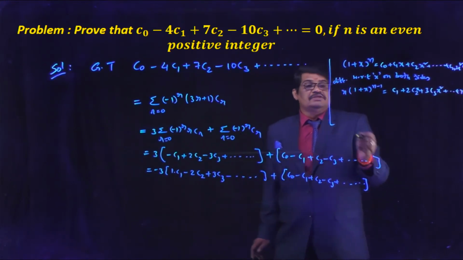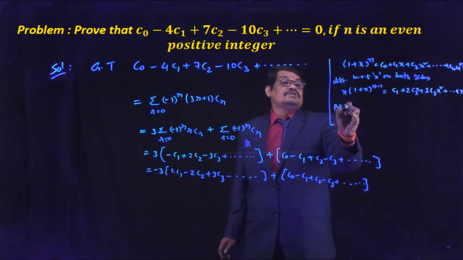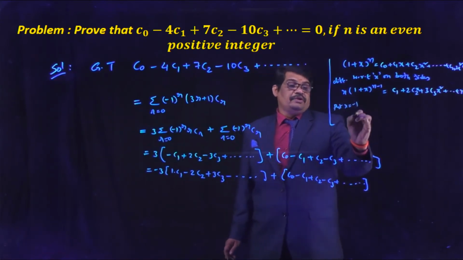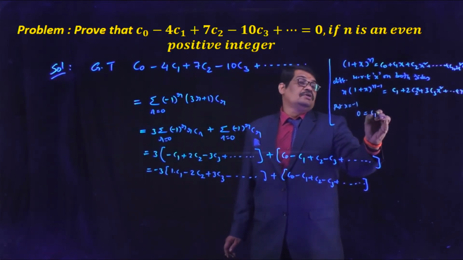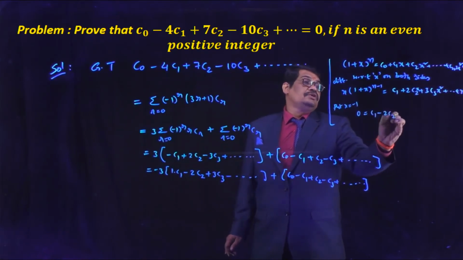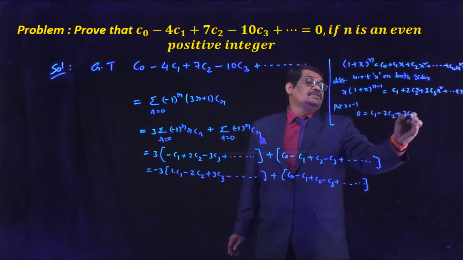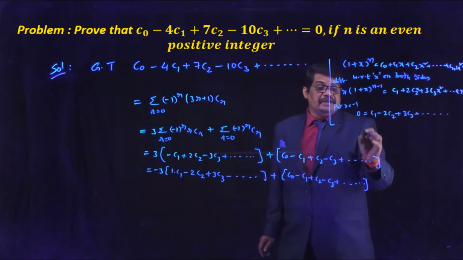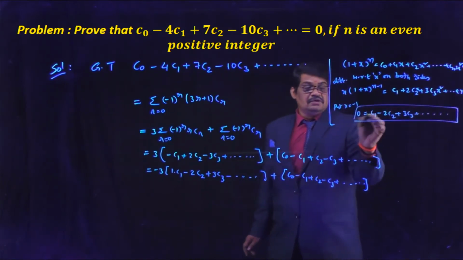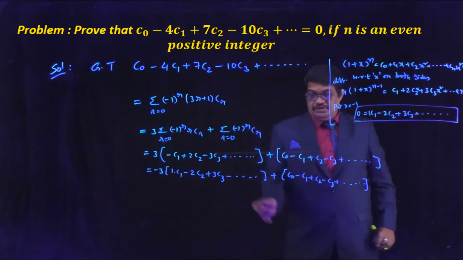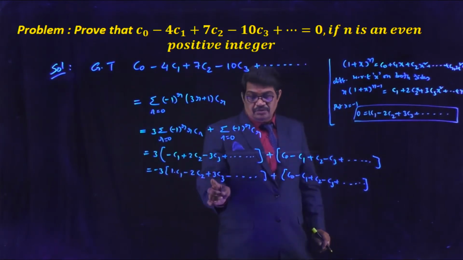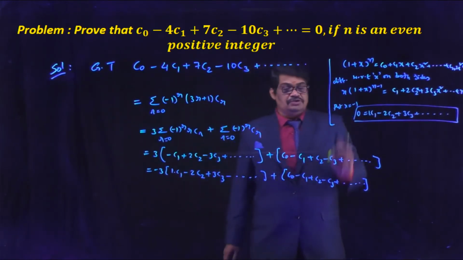Now put x equal to minus 1; the left side will be 0. Here we get C1 minus 2C2 plus 3C3 and so on. So this is the result: 1C1 minus 2C2 plus 3C3 and so on will be 0.